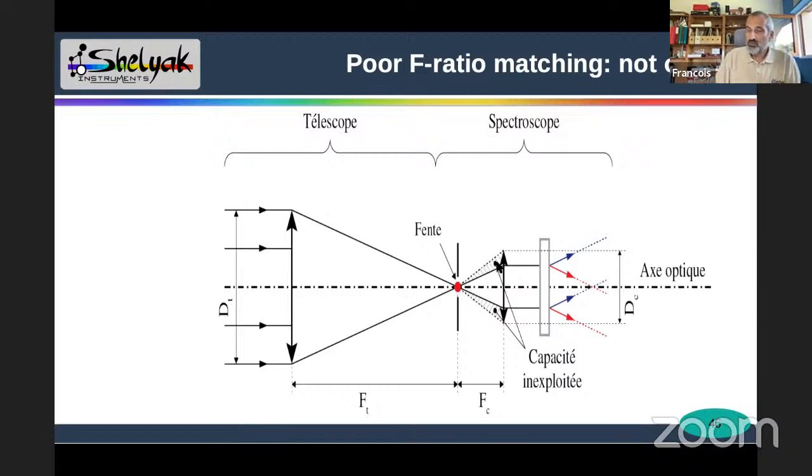And this is a pity not to do it, because in this case, you will lose some light either by vignetting at the slit itself, because the star image will be bigger than the slit, or you will lose some resolution capability.